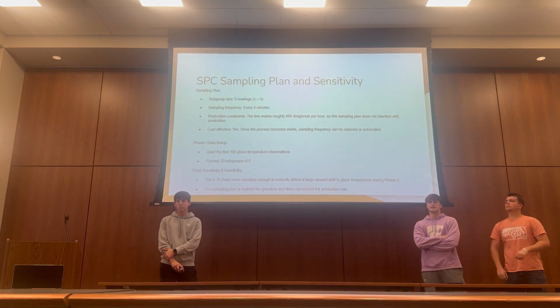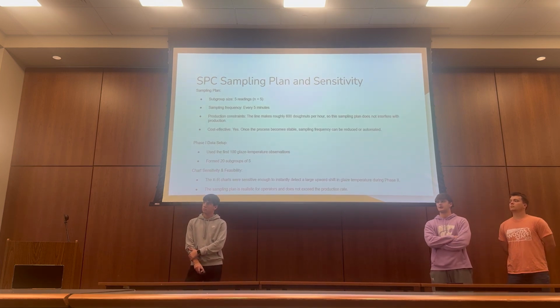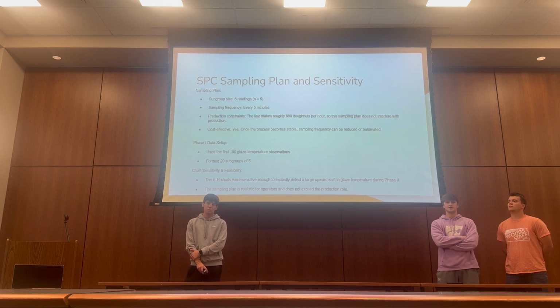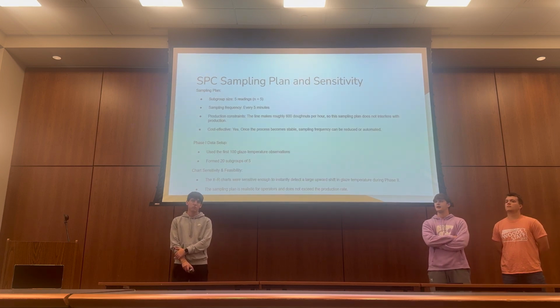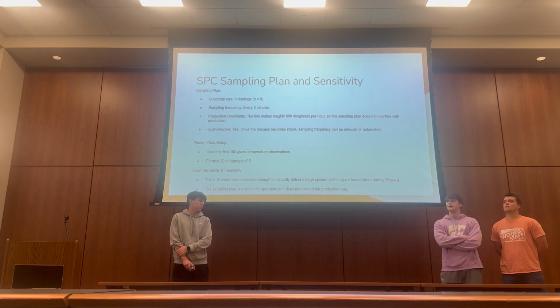So for our sampling plan and sensitivity, we went with a subgroup of 5. That would have a sampling frequency of every 5 minutes. This would make about 600 donuts per hour, so it does not interfere with production. We also thought this was pretty cost effective.